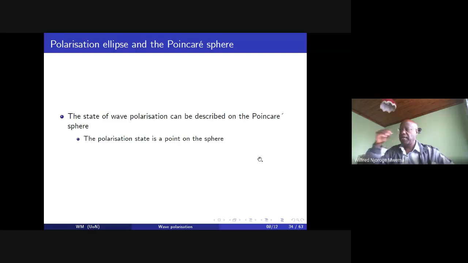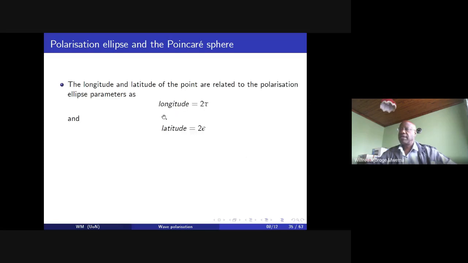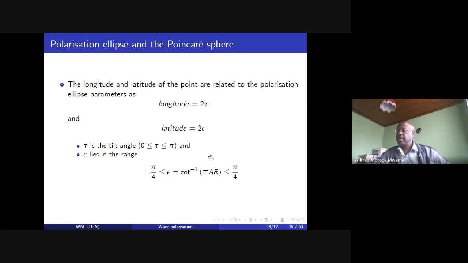The polarization state can be taken as a point on a sphere, where the longitude and the latitude of the point are related to the polarization ellipse parameters. The longitude is given by twice the tilt angle tau, and the latitude by twice epsilon. Tau is the tilt angle lying between 0 and pi, and epsilon is related to the axial ratio of the ellipse.